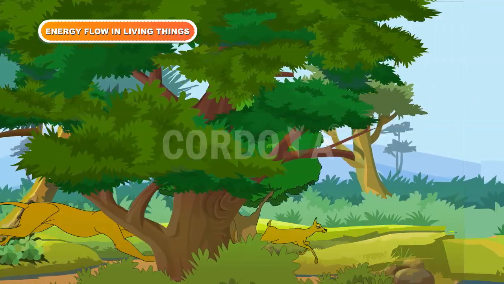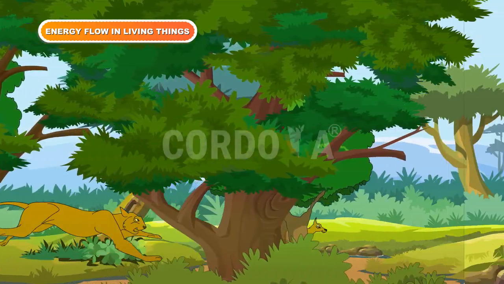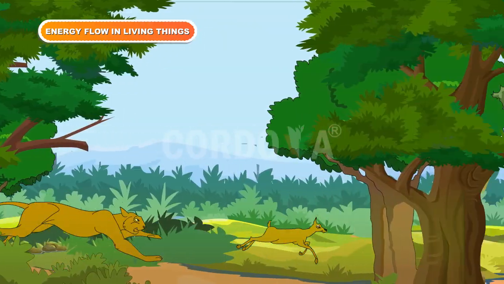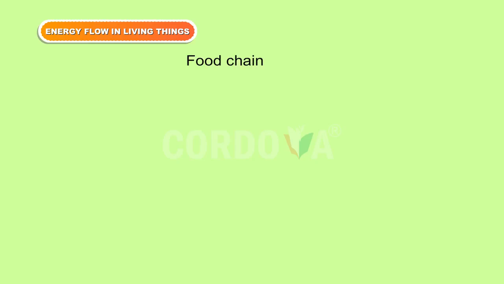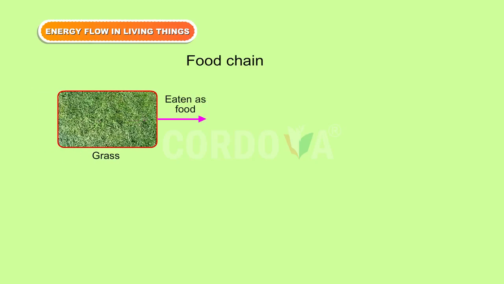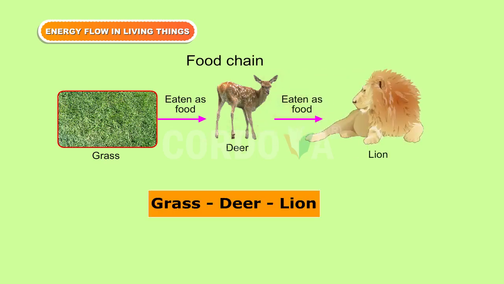Hence, this flow of energy in the form of food from one living thing to another is called food chain. A food chain starts from a producer, a plant. Food chain: grass, eaten as food; deer, eaten as food; lion. Grass, deer, lion.